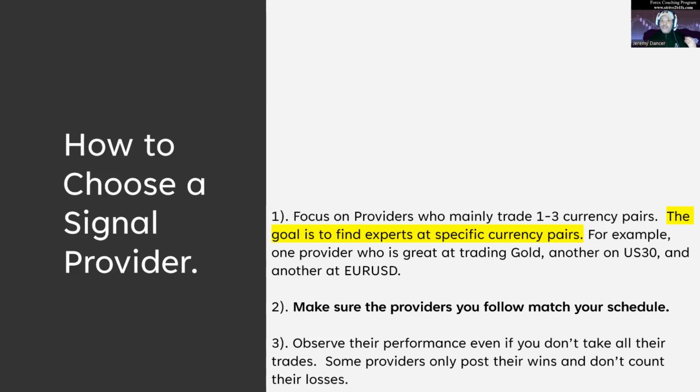So if you can find, let's say, three providers, maybe one specializes in gold, the other one specializes in the US 30, and the other one specializes in the Euro US dollar, for example. If those guys only give like 5 trades per week, well, you got 15 trades per week just from those providers, which is a pretty good chunk of trades. And if they're experts at what they're doing, you're going to do very well.